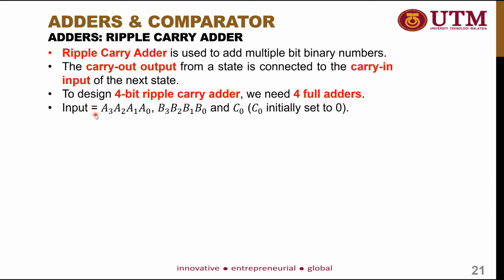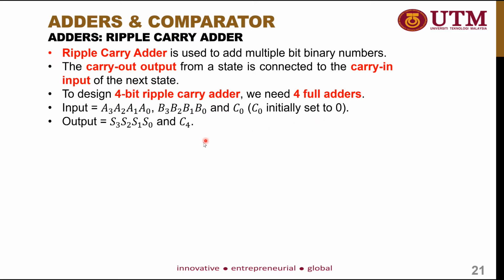So for the ripple carry adder, we have inputs A3, A2, A1 and A0, with each variable representing 1 bit, and B3, B2, B1 and B0, with each variable representing 1 bit. So it has a total of 4 bits for variable B and 4 bits for variable A. And we also have the C0, which is the initial carry. The initial carry is set to 0 because we don't have any carry at the initial state of addition.